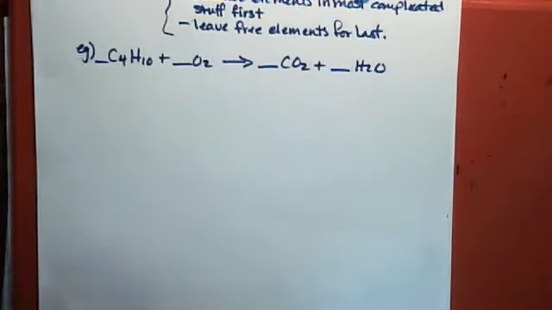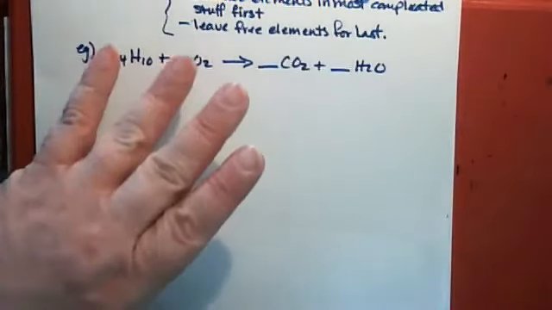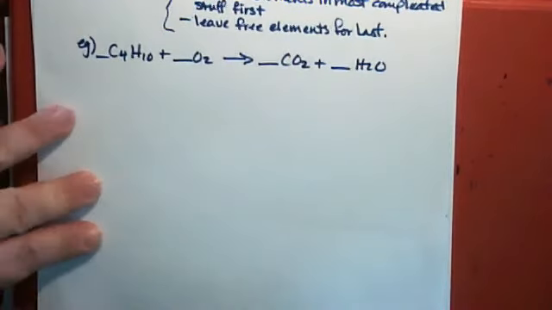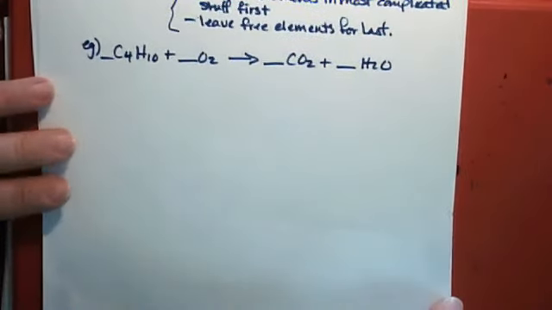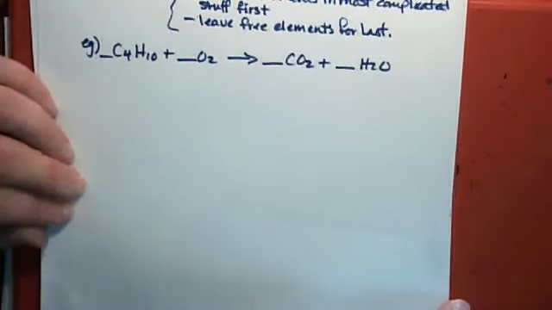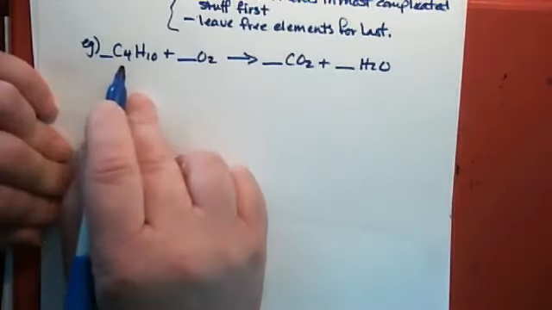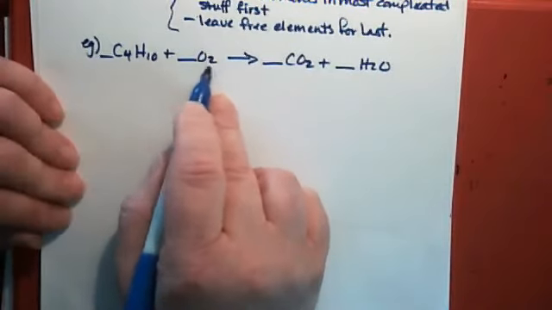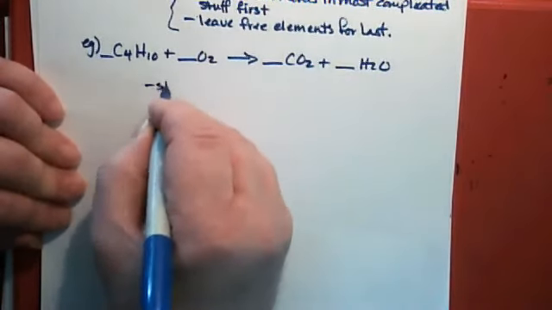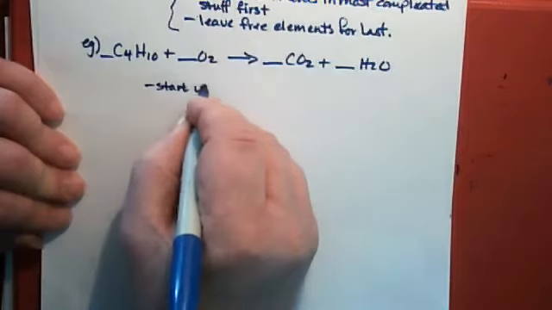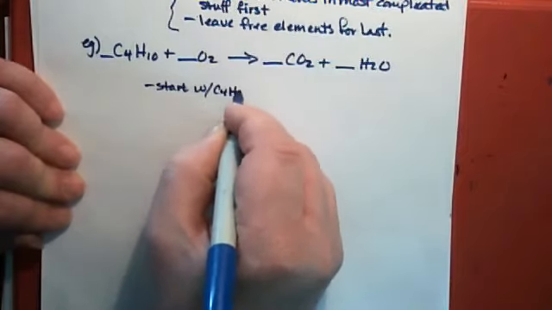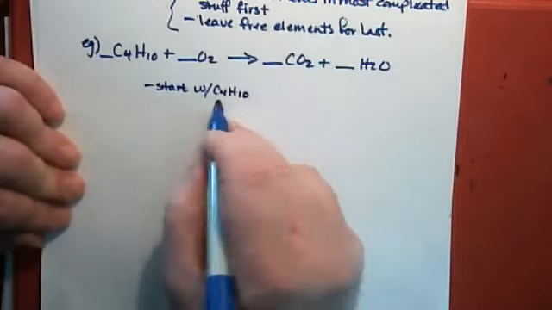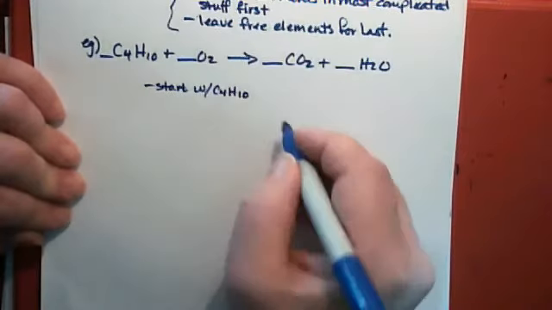And so if you understand how to do this, you should have no problem doing anything that we'll encounter at this point in the course. So first of all, you want to start with the butane. You want to leave oxygen for last, because C4H10 is the most complicated thing here.